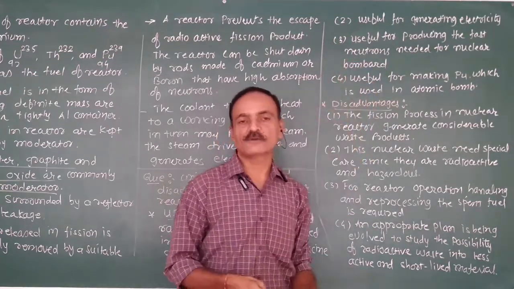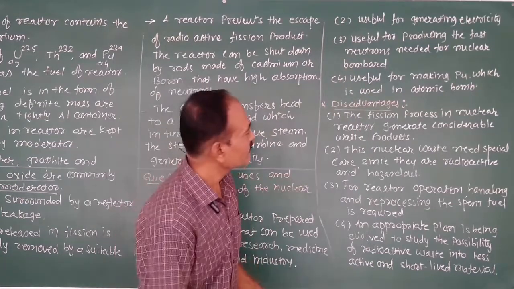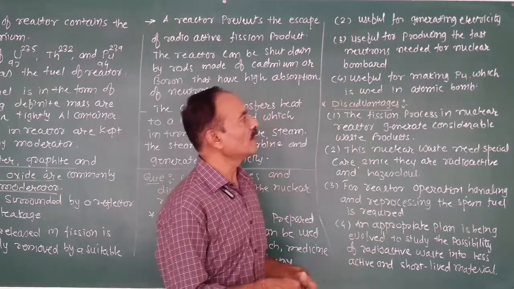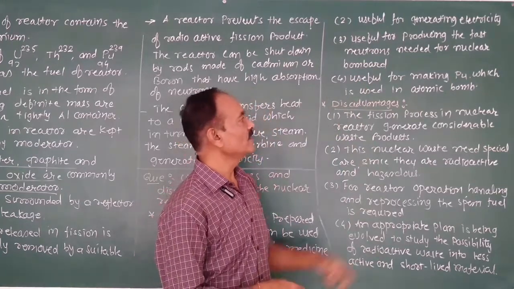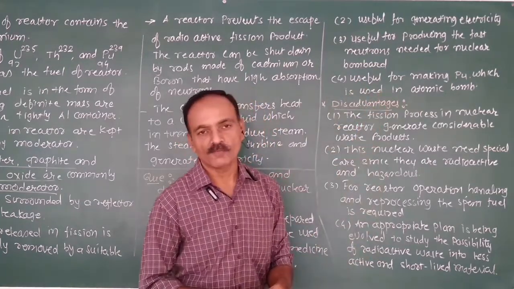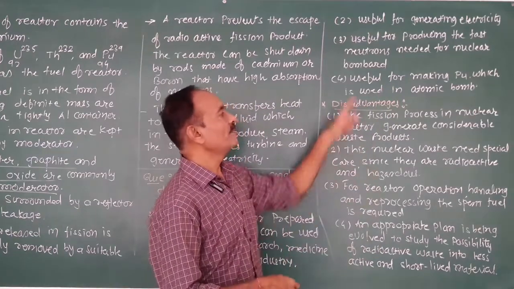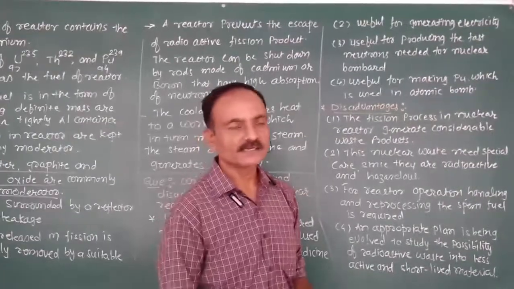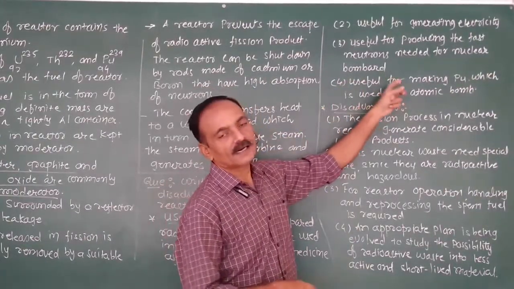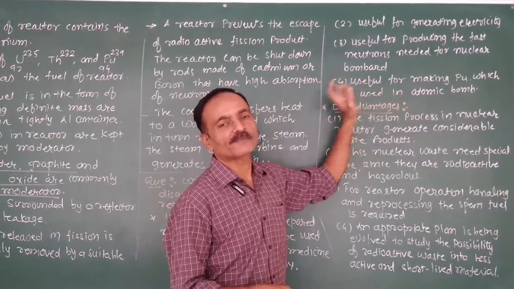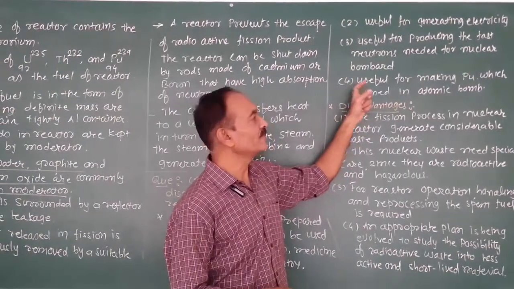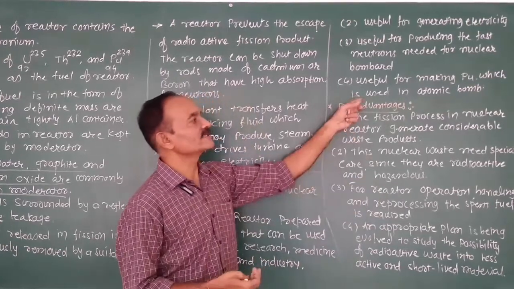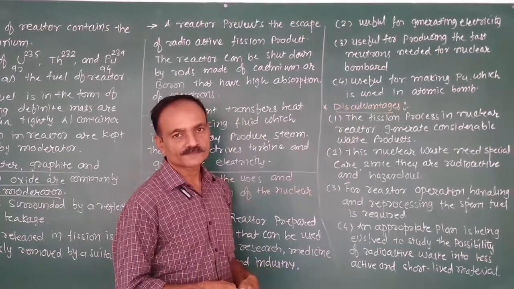These fast neutrons are required for nuclear bombardment, and are known as projectile particles. The fourth use is making plutonium, which is used in the atomic bomb. To prepare the atomic bomb, plutonium is required, and we prepare the plutonium from the nuclear reactor.